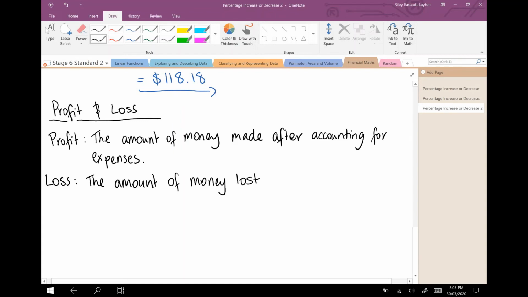We'll say loss after accounting for expenses.